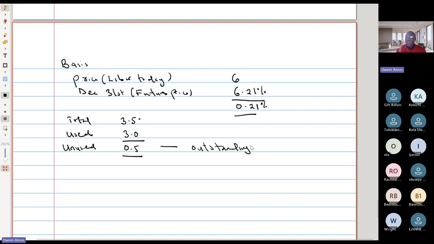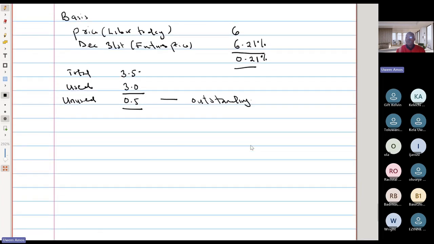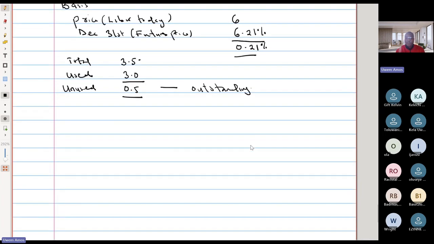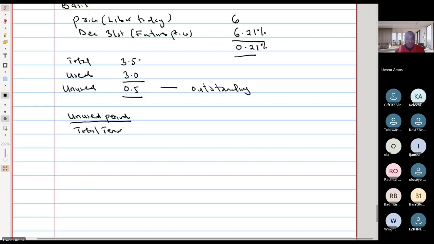So we need to calculate what that amounts to, the value that amounts to. How do we calculate it? This is what is called the outstanding basis. It will be calculated by the unused period divided by the total tenor, multiplied by our basis.